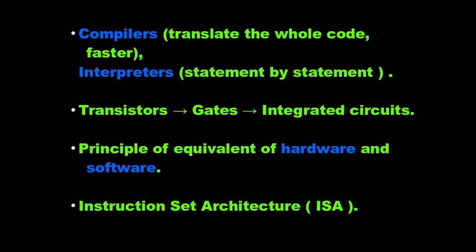In C++, it takes the whole program at once, translates it, and then runs it. This is the difference between compilers and interpreters, but both of them do the translation part. Compilers are considered to be faster.